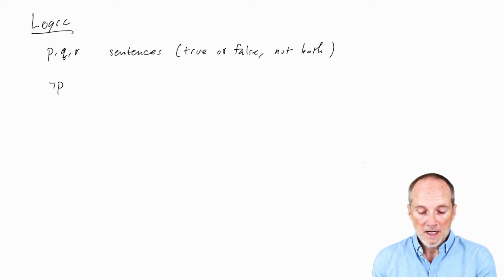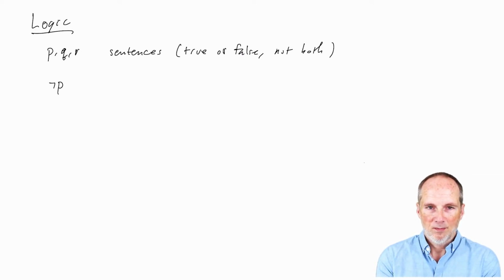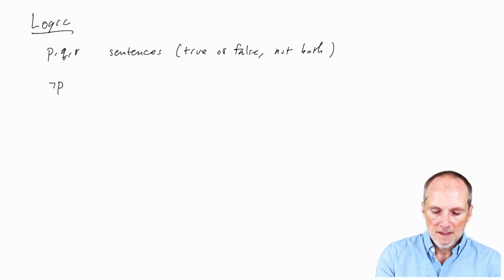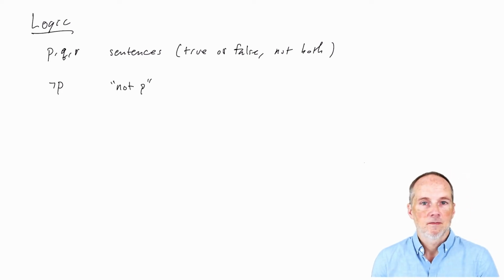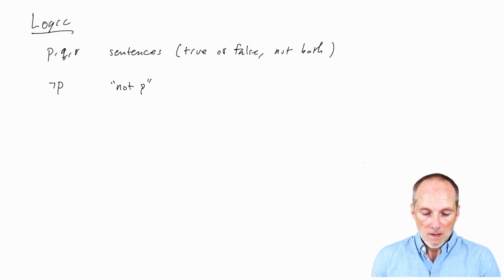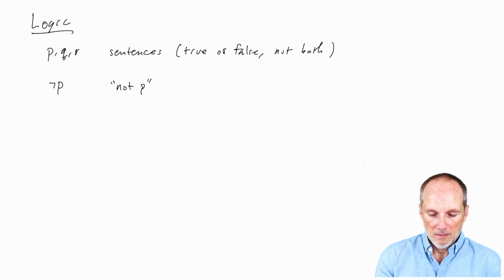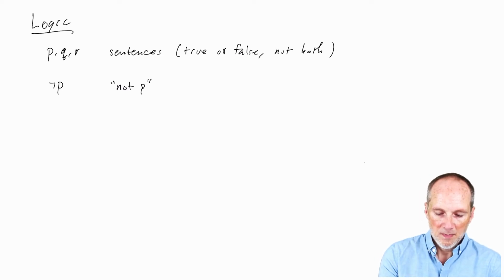The notation we use for that is this kind of funny bracket symbol next to the P, and we read this as not P. We're saying that P is false. So that's one easy way of getting a new sentence from P.